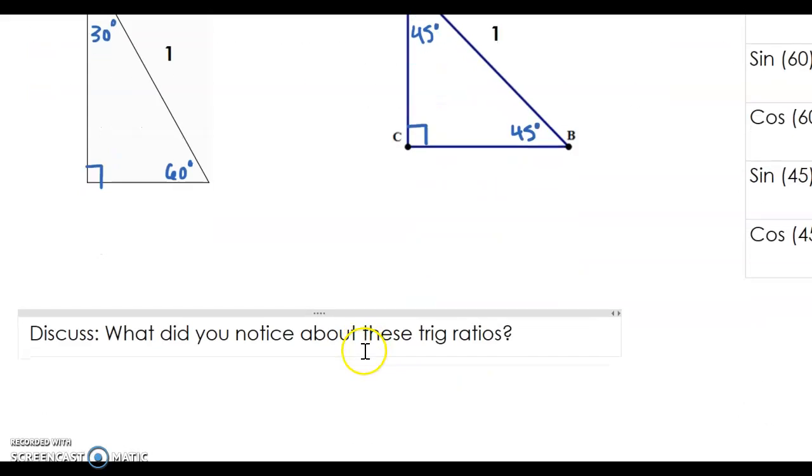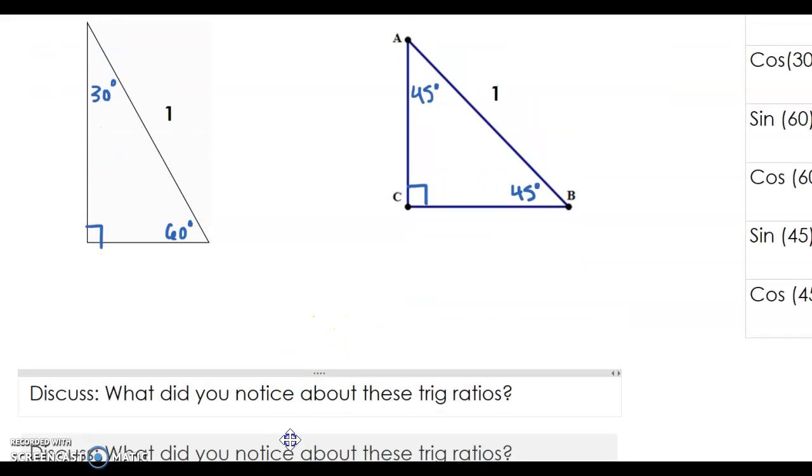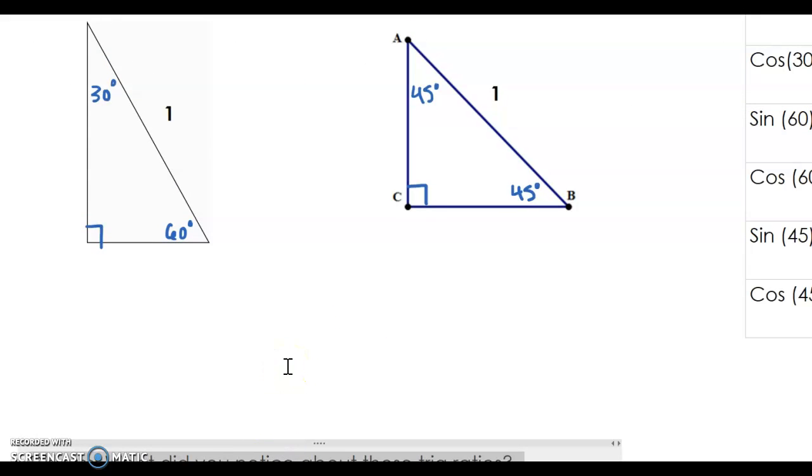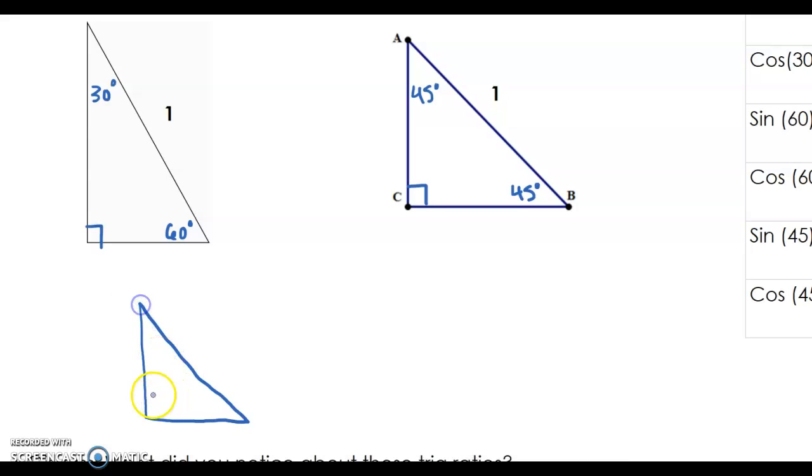When we are talking about 30, 60, 90 triangles, hopefully you remember that the side opposite from our 30-degree angle, we'll say that that measure is equal to x.